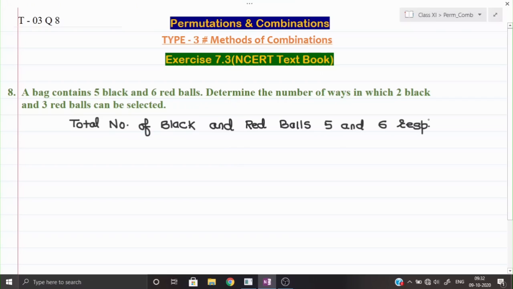Now, how many black balls and red balls are required? So we shall write down the number of black and red balls required.